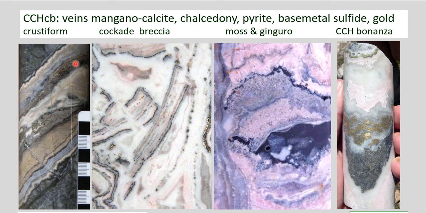So there's ganguro bands that you can see actually in all of those samples. And the second one in, that's the one that has all the free gold. So next to the black band on the right-hand side of that photo, that's a line of gold crystals along that sulfide band. Okay, so crustiform, coliform, carbonate. Next one.